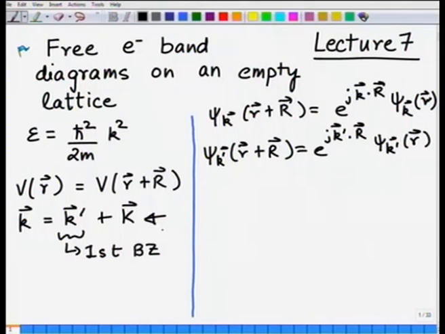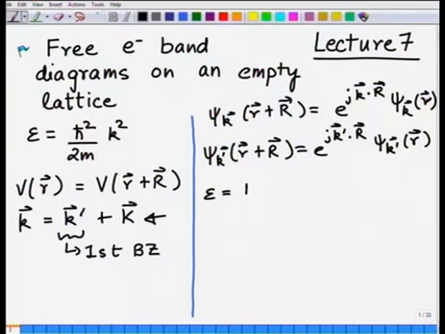Since it does not matter to us what the actual K is, I can always find a K prime whose limits are only within the first Brillouin zone, and hence I do not need to plot the EK diagram all the way to infinity. I can plot it only up to K prime, and when I plot it, I mark out what capital K I have used in order to do this transformation.